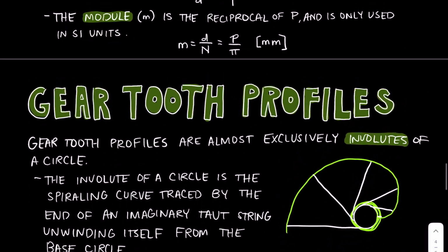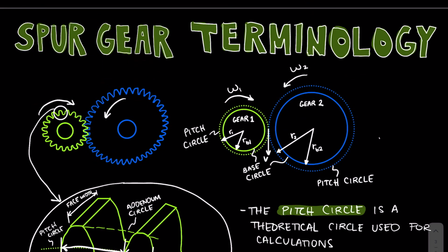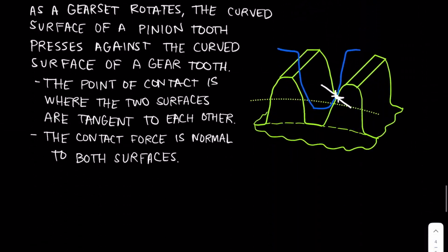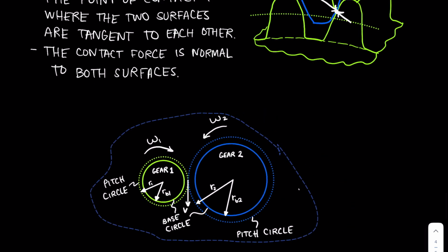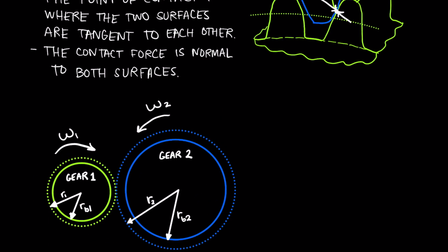Now let's take another look at our pitch circles for two gears that are enmeshed together. Looking at these two gears in mesh, we can first define a line of action that the contact force is acting along.